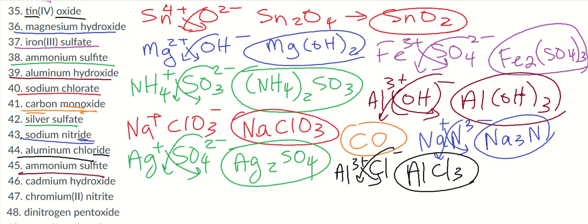All right, ammonium. That's your polyatomic ion, NH4, with a 1 positive charge. Sulfite, ite is 1 less oxygen than ate, so that's SO3. Charge is still 2 negative on sulfite. Let's crisscross.